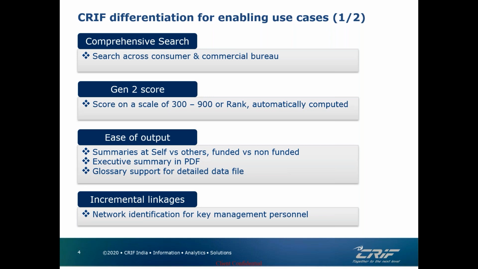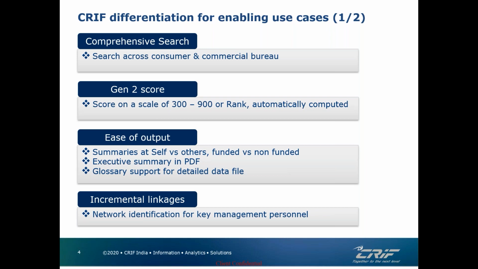And of course, when you ask for the detailed data, which is essentially the credit facility level data, we support you with a glossary that explains each and every column that comes in that detailed data file, as well as a list of catalog values for any columns where a catalog comes. And of course, you have incremental linkages.